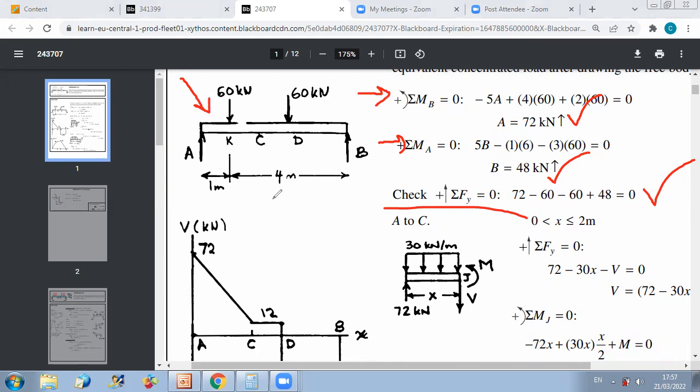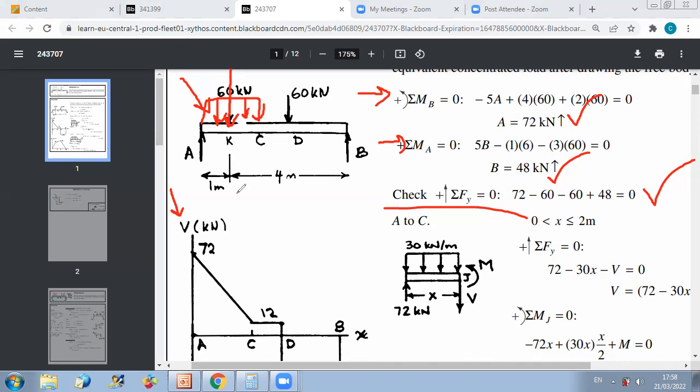And please pay attention. When you want to draw V, never use the diagram that is replacing distributed loads by concentrated forces. As I told you, we replace the distributed load here by a concentrated force just to calculate the external reactions, because external reactions will not change if you replace a distributed load by its equivalent concentrated force, which is here 60 kilonewton.